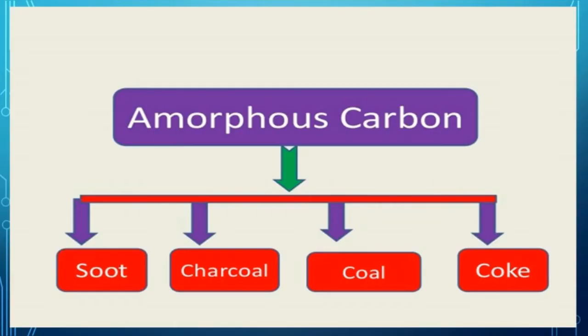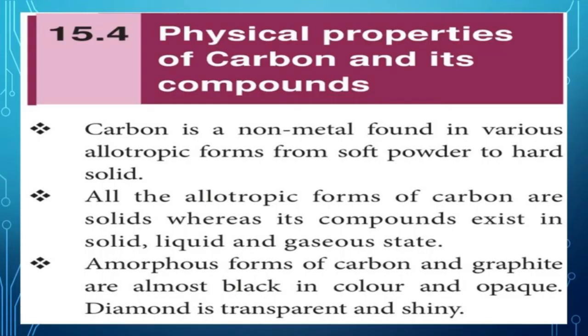Amorphous forms of carbon. In the amorphous form of carbon, carbon atoms are arranged in a random manner. These forms of carbon are obtained when wood is heated in the absence of air. Example, charcoal. Physical properties of carbon and its compounds. Carbon is a nonmetal found in various allotropic forms from soft powder to hard solid.